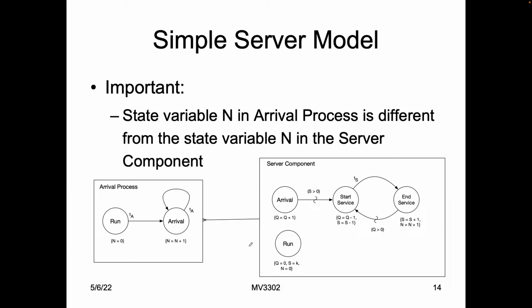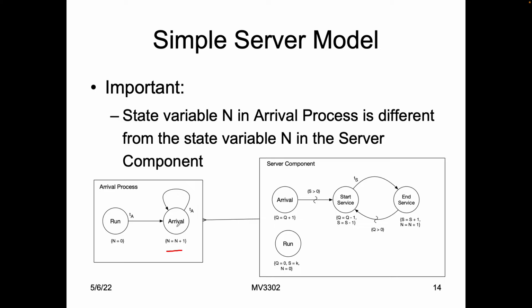But at some point, both of these run events will be executed by the event list. This run event will schedule the first arrival. And then when that arrival occurs, it will perform this state transition, incrementing n, and schedule the next arrival.